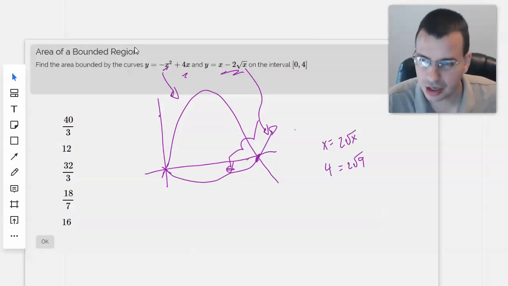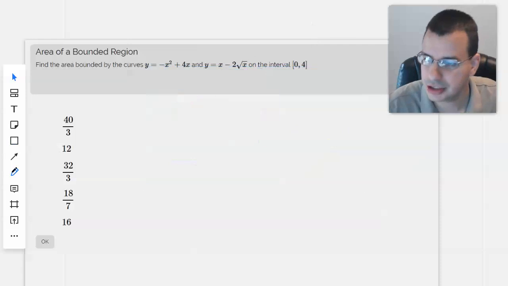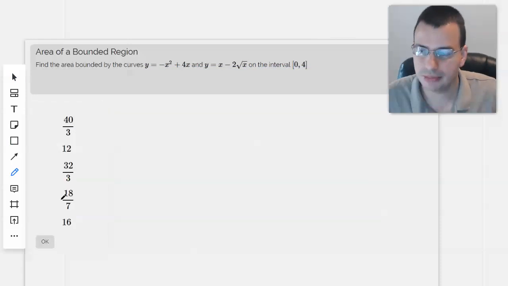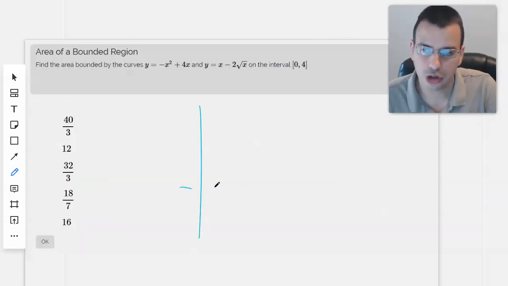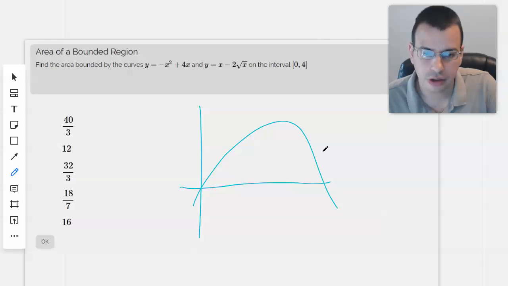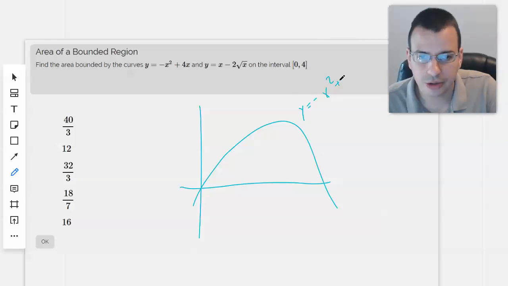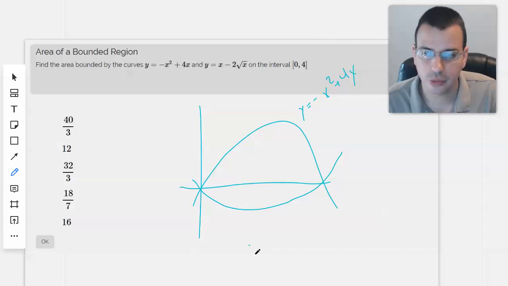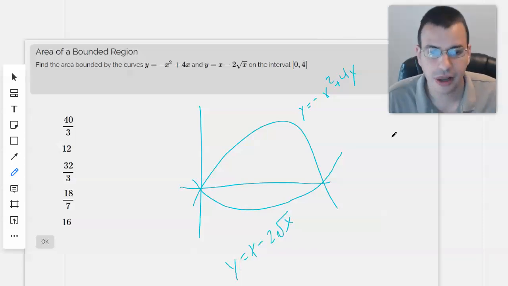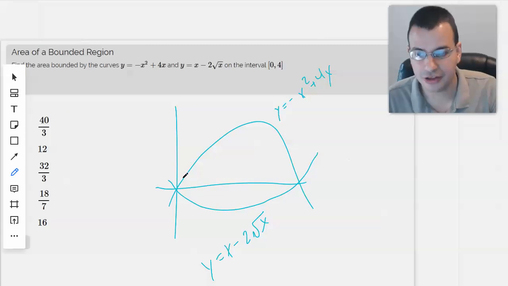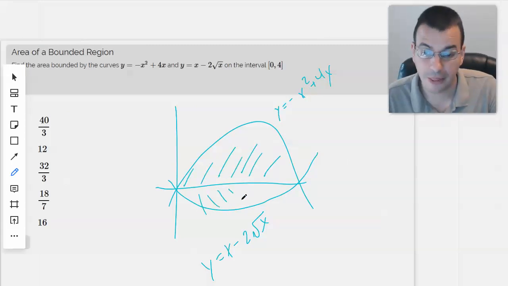So to redraw everything, because I've already made a terrible mess of this, let's go with light blue. We have y equals negative x squared plus 4x, and y equals x minus 2 square root of x. We're going to find the area of the top curve minus the area of the bottom curve.